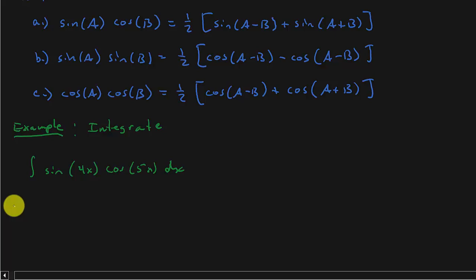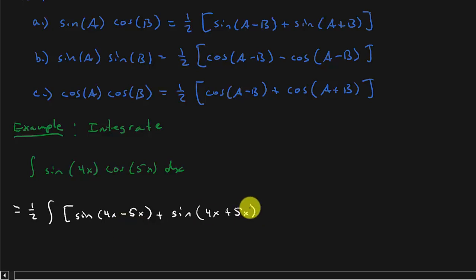And so this is going to give us 1/2. I'm going to write the 1/2 outside the integral. We can pull that 1/2 out. And so that's going to be the sine of 4x minus 5x plus the sine of 4x plus 5x dx.